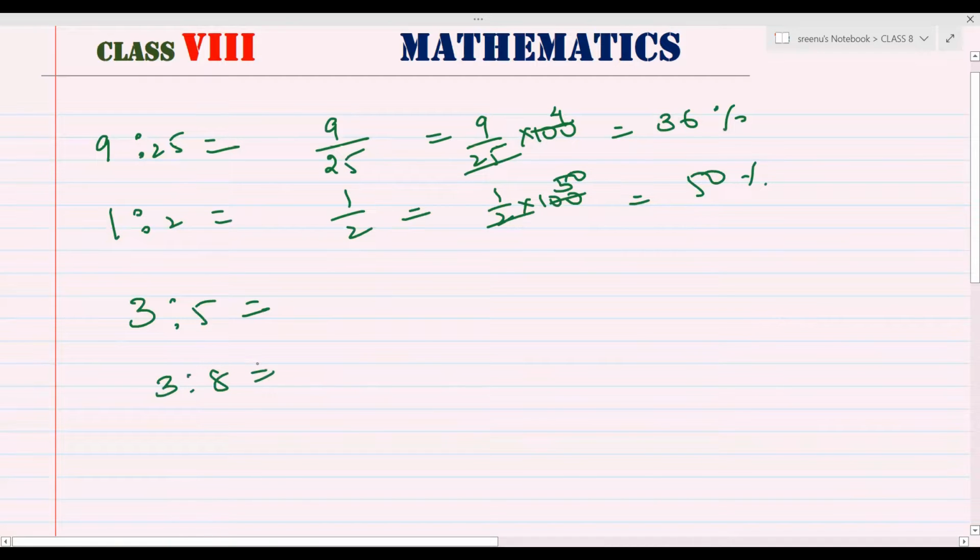3:8. 12.5%. I will check. 3 by 8 into 100. Here 8 fours are 32, 8 twos are 16, so 50 times and 2 twos, 25 times. 3 twenty-fives are 75 divided by 2. 75 divided by 2, how much?